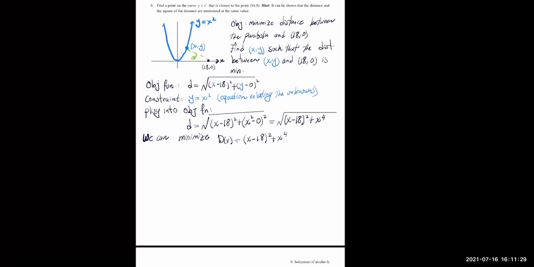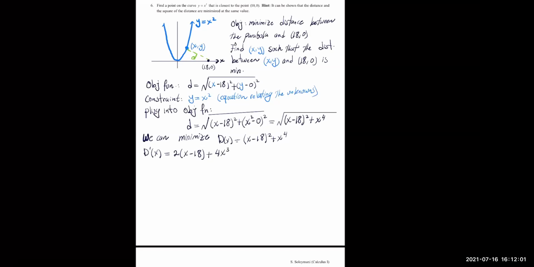Okay, so let's take the derivative. The derivative of this function is 2 times x minus 18. Just use the chain rule, bringing that 2 in front. The derivative of x minus 18 is actually 1. Plus the derivative of x to the 4 is 4x cubed.